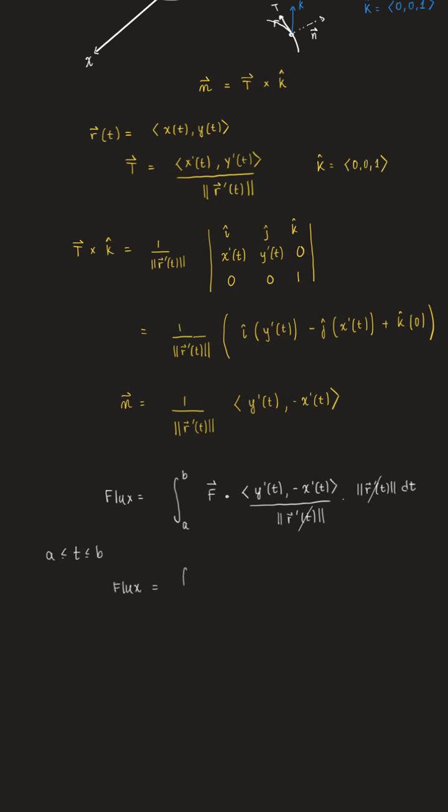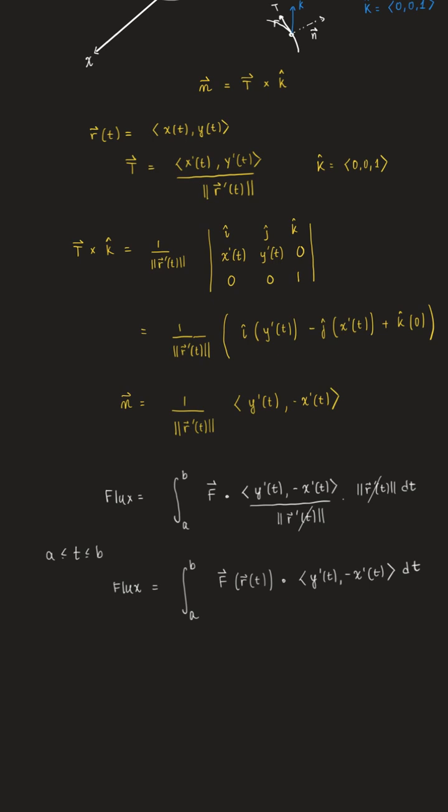And so we have defined flux over a curve to be the integral from a to b of our vector field evaluated at each point on the curve, dotted with our normal vector y prime of t, negative x prime of t, dt.